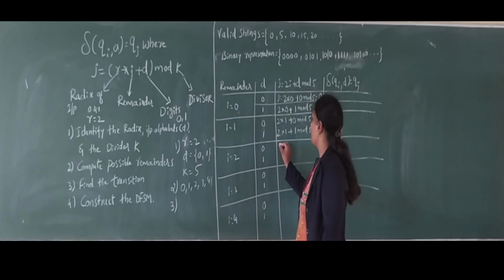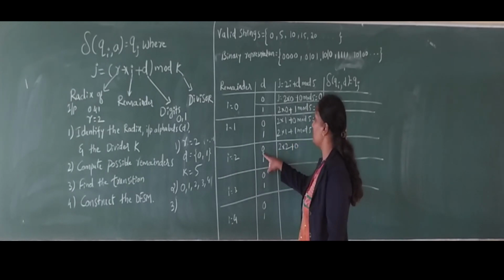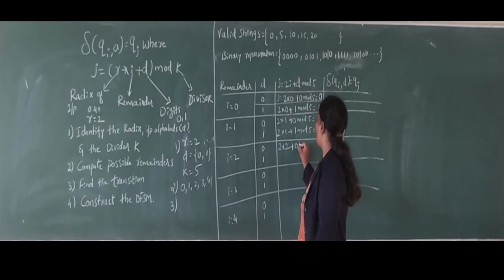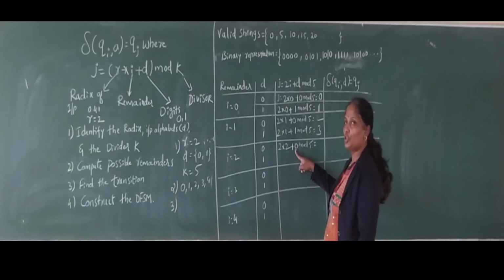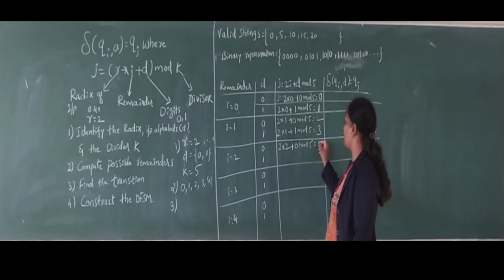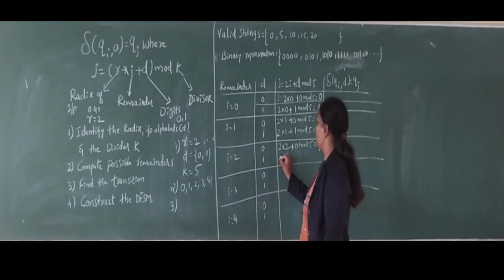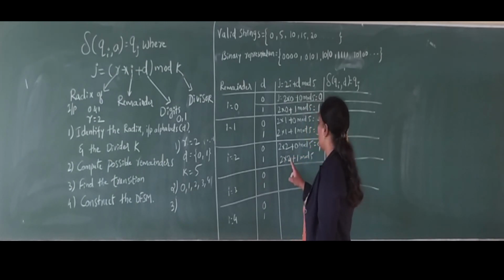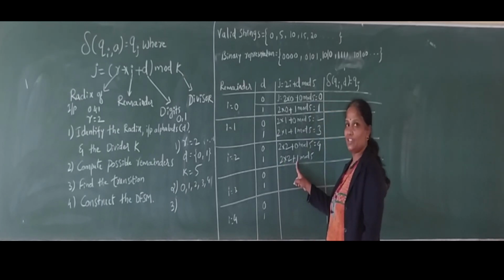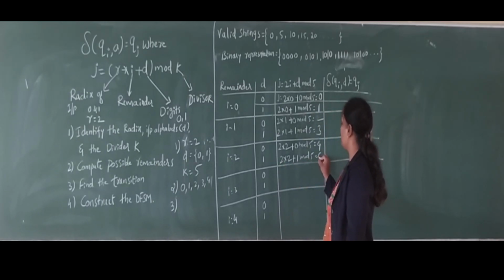Next, 2 into 2 because the I value is 2 in this case, plus 0, mod 5. 2 into 2 is 4, 4 plus 0 is 4 itself, 4 mod 5 is 4. Next, 2 into 2 plus 1 mod 5. 2 into 2 is 4, 4 plus 1 is 5, 5 mod 5 equal to 0.